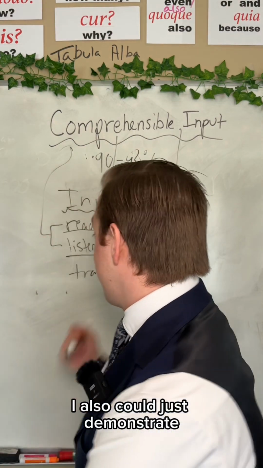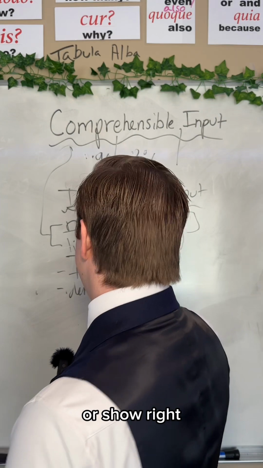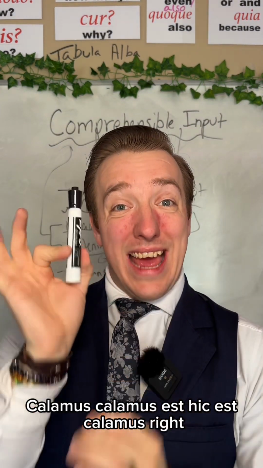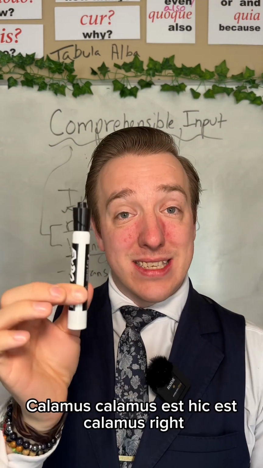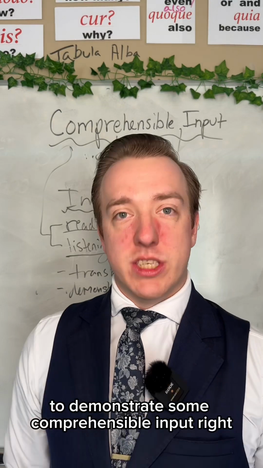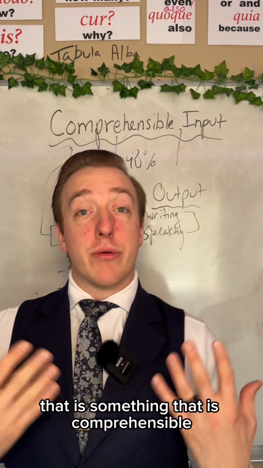I also could just demonstrate or show, right? Calamus. Calamus est. Hic est calamus. Right? This is Latin that I'm doing right now, by the way, to demonstrate some comprehensible input. That is something that is comprehensible.